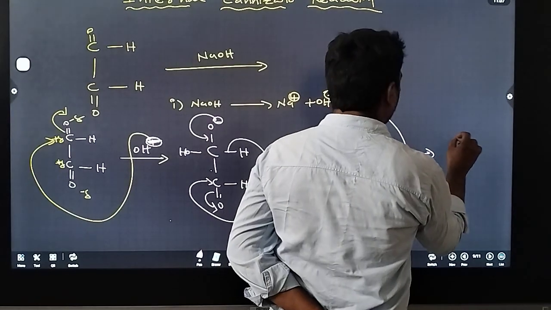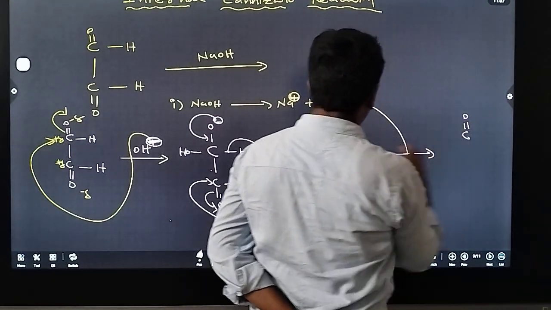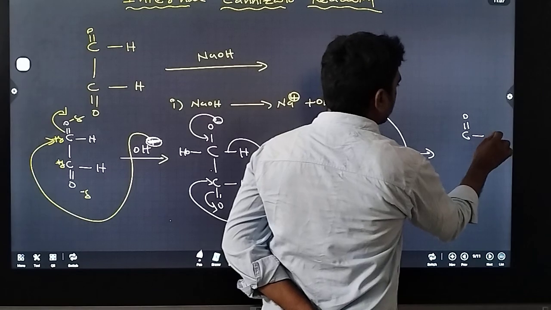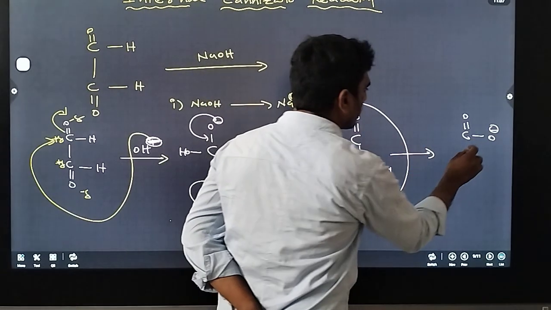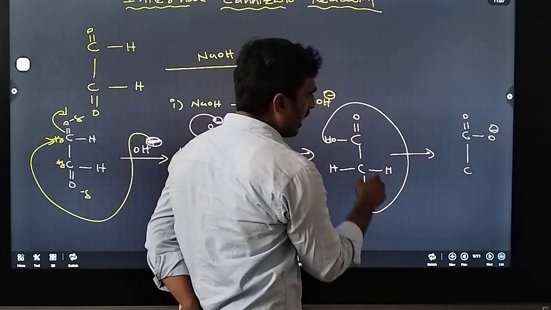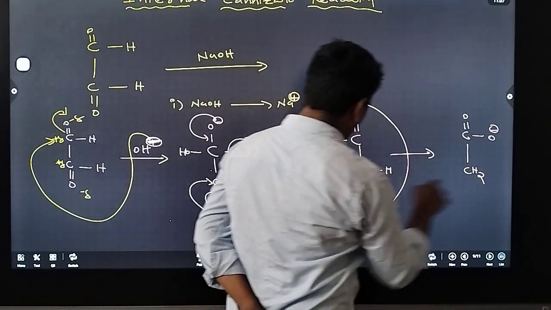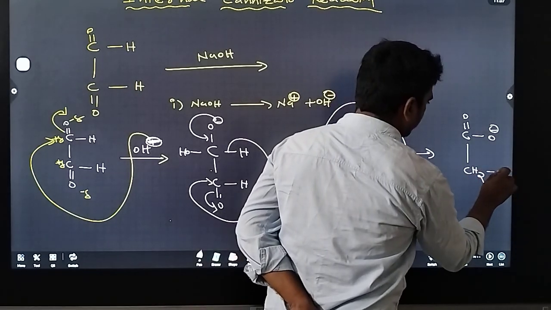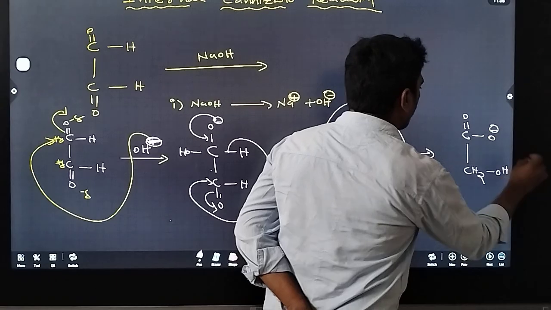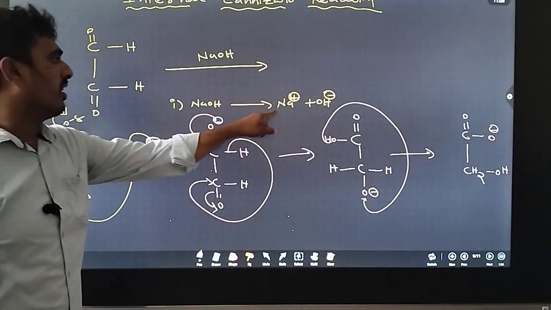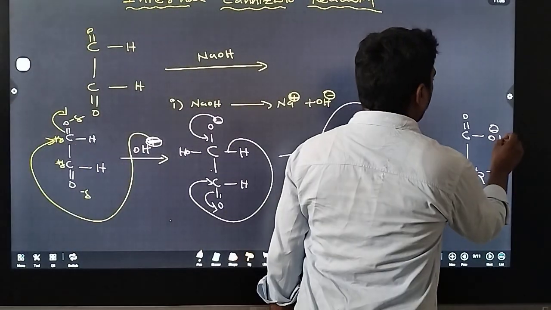So we get C=O with O-. Here the H+ ion is lost, so that means O-. Then this carbon has two hydrogens, and the O- can accept the proton and converts to OH. The remaining part is Na+.